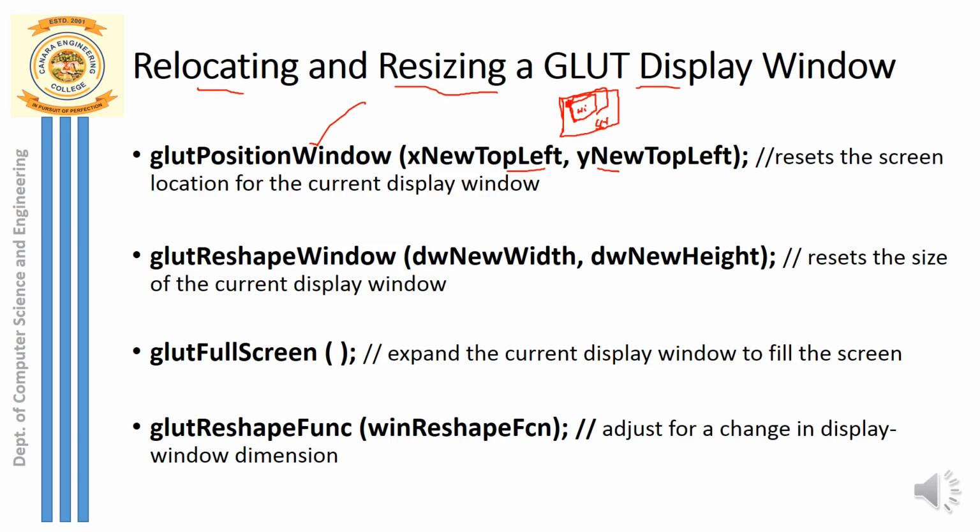And next I have the function glutReshapeWindow. glutReshapeWindow is to change the shape of the window, that is, to change the width and height of the current display window. So you can specify the new width and new height for the current display window. The new width horizontally and the new height vertically will be changed if you use the OpenGL function glutReshapeWindow.